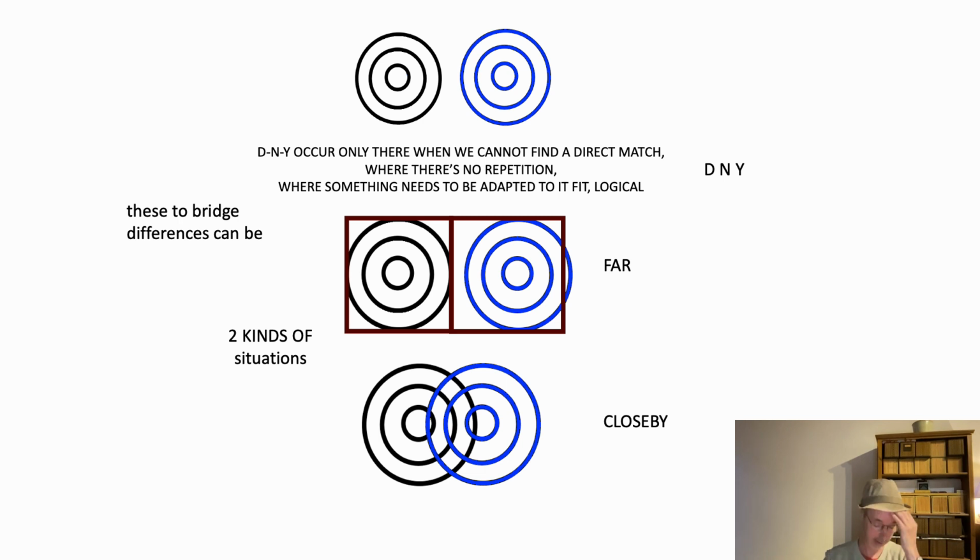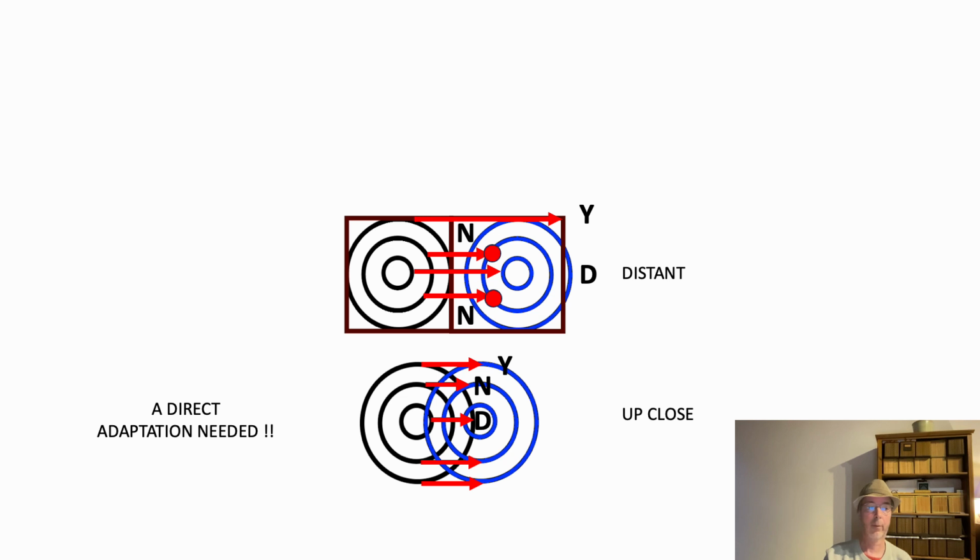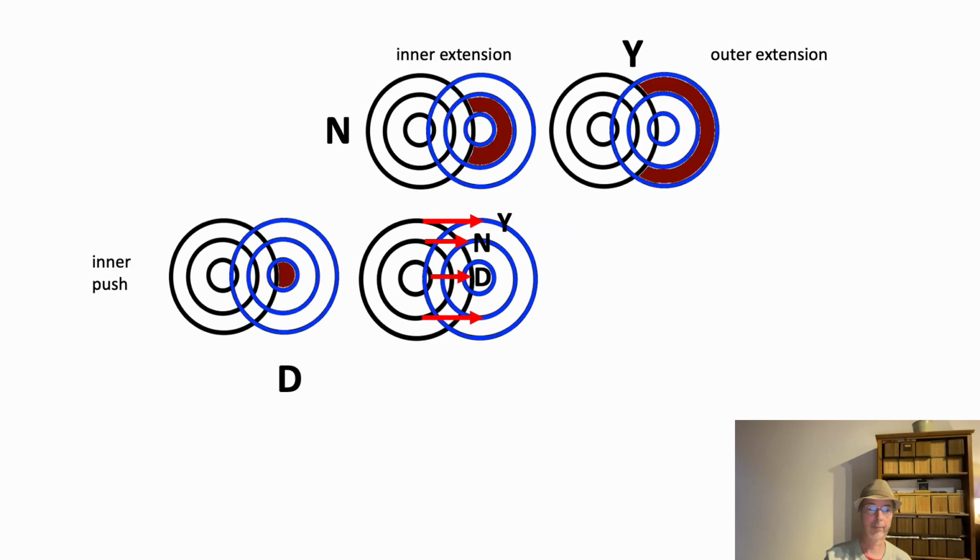So you have 2 kinds of situations where the differences are far away or the differences are close by. An adaptation is needed with a far distance and, of course, with a close distance as well. With a close distance, a more direct adaptation from within will be needed.